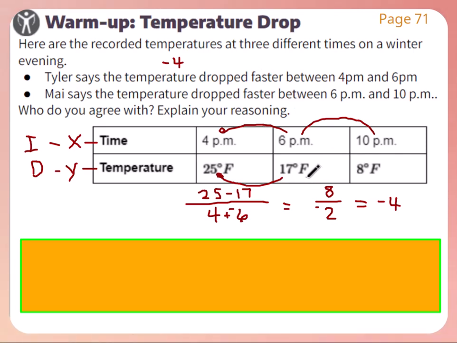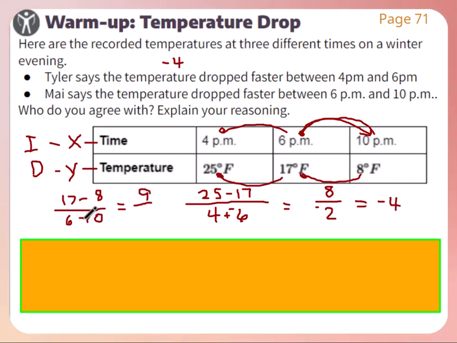So start with your Y values. 17 minus 8 over, go to your X values, start with the same point, 6, take away 10. 17 minus 8 is 9.